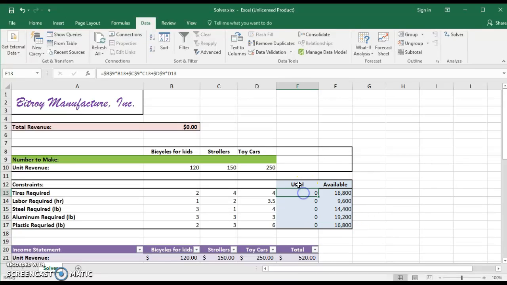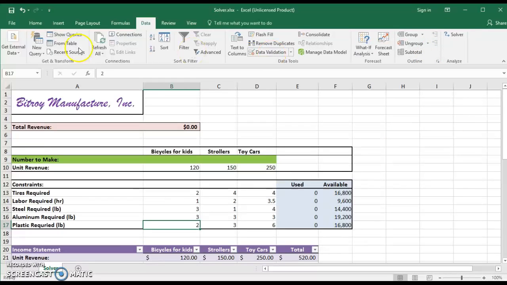And then we also have the used column, which is calculated by using the total number of units that we're going to make multiplied by the required resources for each unit. So for example, each bicycle requires 2 tires, 1 hour of labor, 3 pounds of steel, 3 pounds of aluminum, and 2 pounds of plastic.